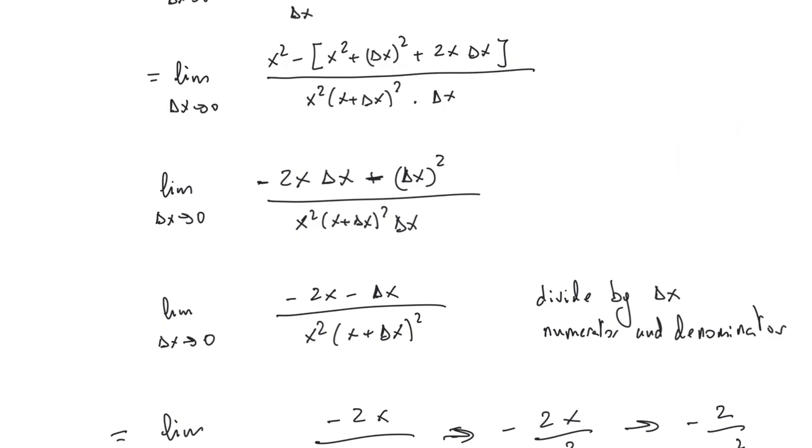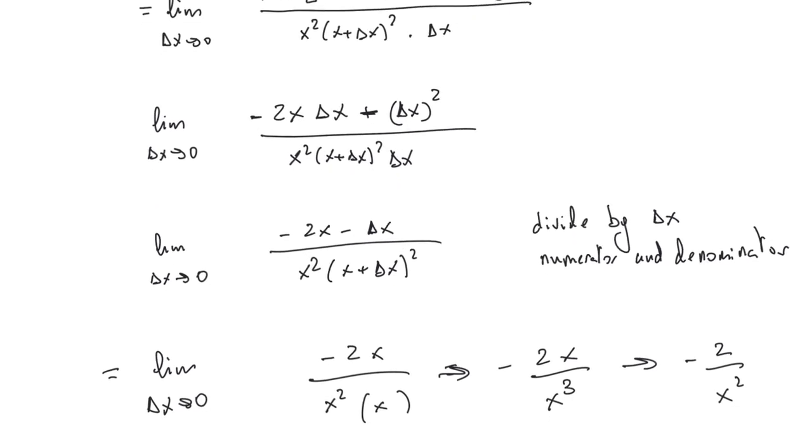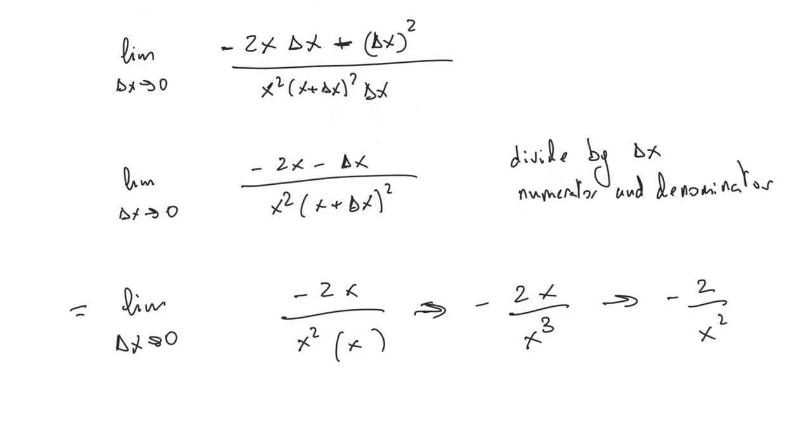Now when delta x approaches 0, this limit can be done like this. The numerator approaches minus 2x. And when delta x approaches 0, x plus delta x approaches x, so it will appear x squared, and x squared times x squared gives x to the 4 in the denominator.